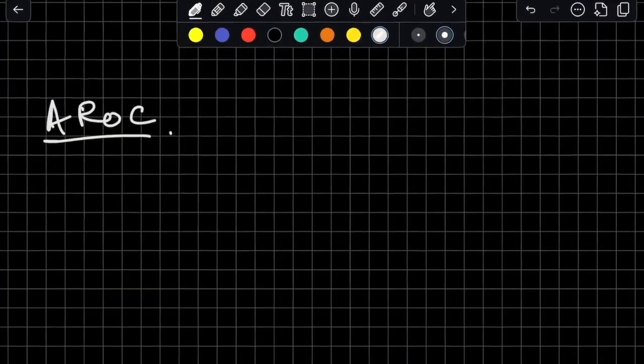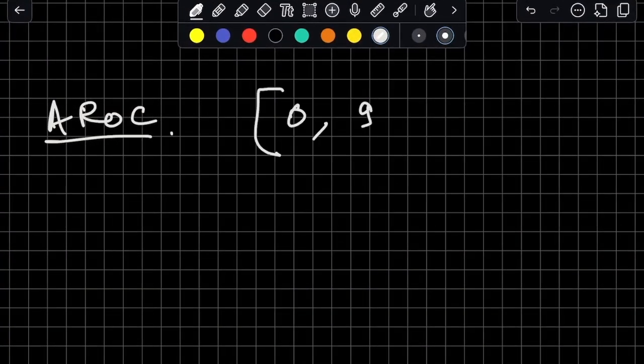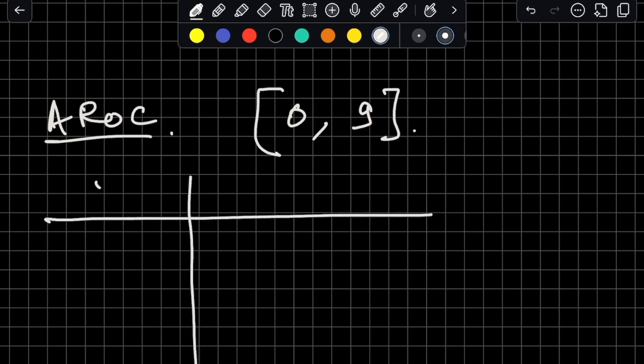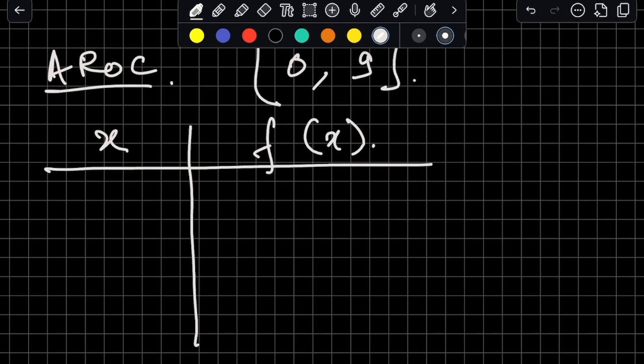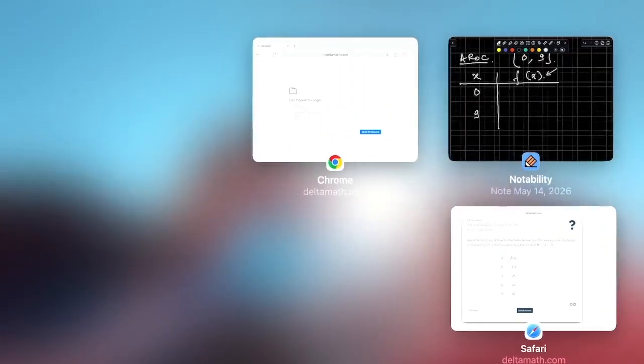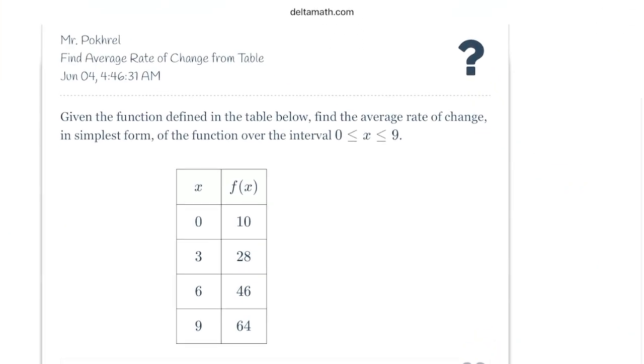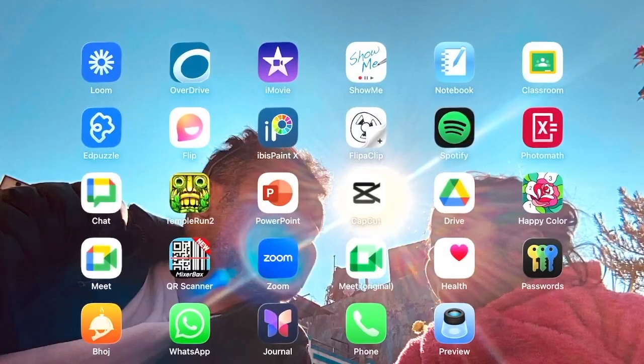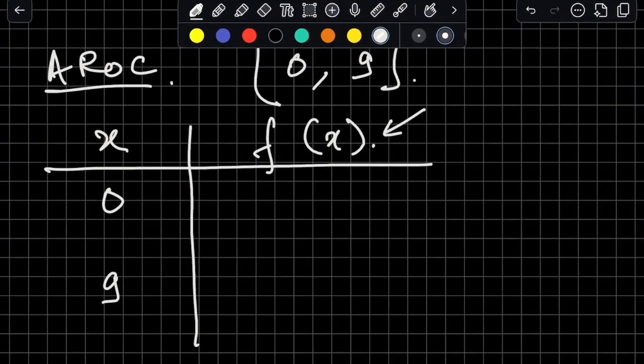Here the table is made like this: x is written here, f(x) is written here. So we are only interested in the value of this function at x equals 0 and x equals 9. So if you look at the graph once again, at 0 it is 10, at 9 it is 64. So these are the given values.